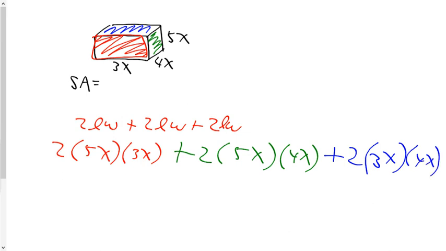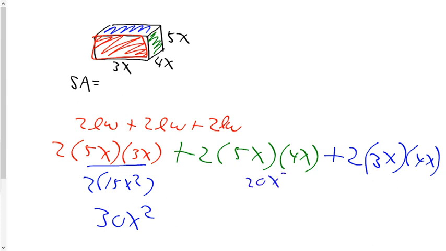So once I write that down, I know that there are 6 faces. This would be 15x squared, and there's 2 of them. So the sum of those 2 faces will be 30x squared for area. Plus, this is going to be 20x squared, and there's 2 of them, which means those 2 are going to become 40x squared.